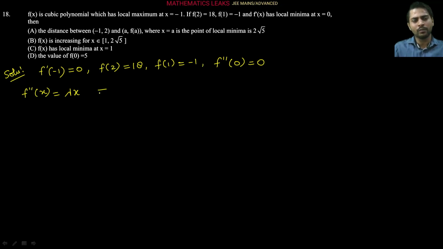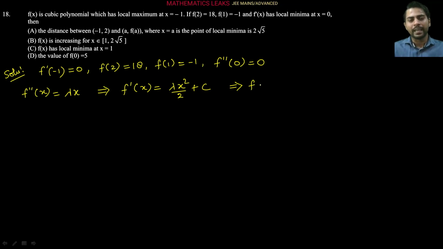Now from here we can find f dash x by integrating both sides. We can write f dash of x is equal to lambda x square by 2 plus integrating constant c, right? And from this we can also find f of x. So one more time I am going to integrate it.